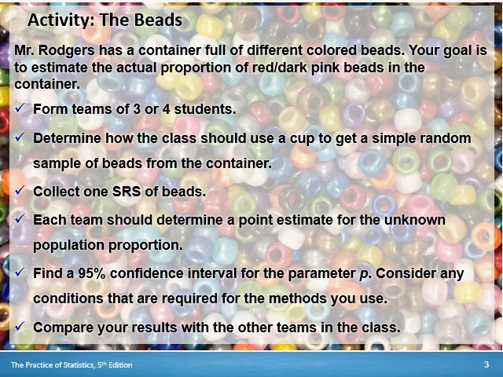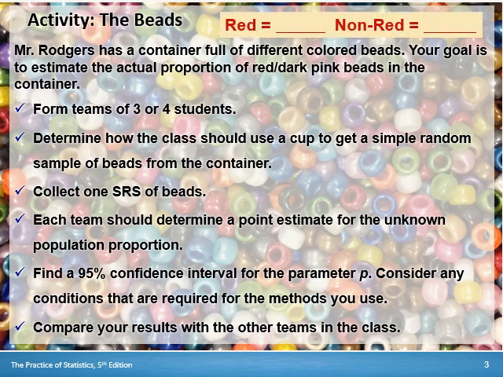All right, and if we're doing this in class, I would break you guys up into groups of 3 or 4. And we would have someone come up, take a scoop of beads out of the container, and that will be our sample. And we will calculate the number of red beads and the number of non-red beads. And we would try to use that to estimate the true proportion of red beads in the container.